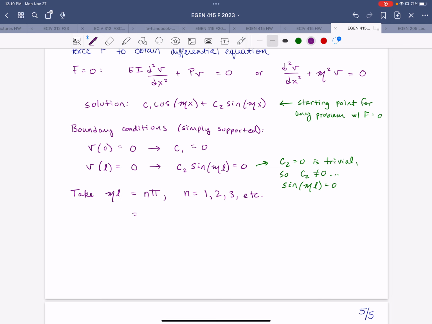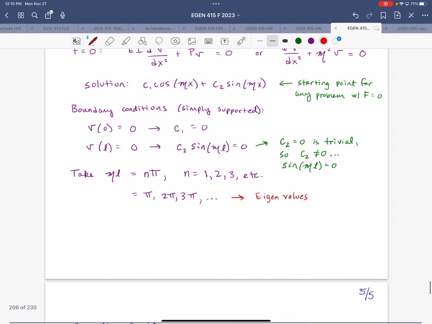So we have ml equal to pi, 2 pi, 3 pi, etc. These are eigenvalues for the solution, right?